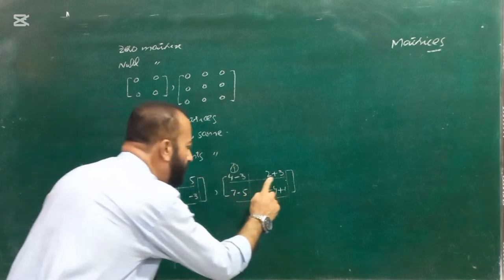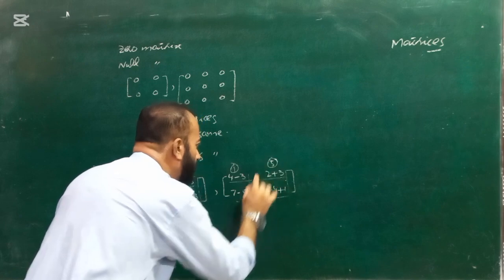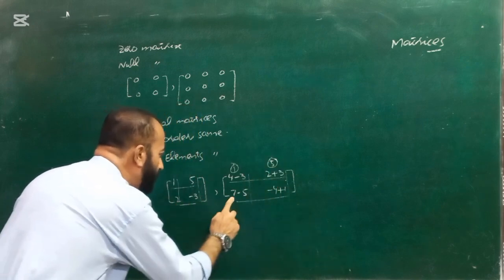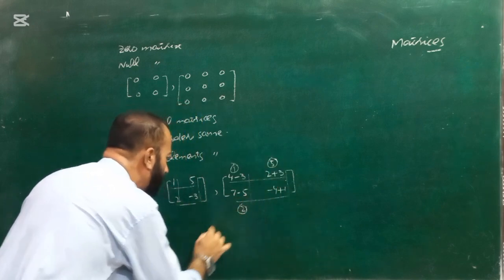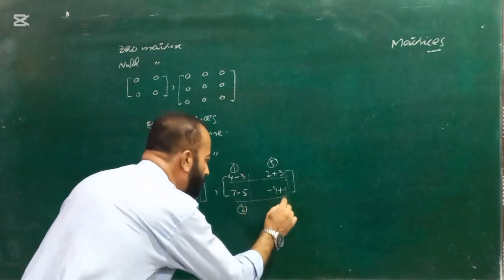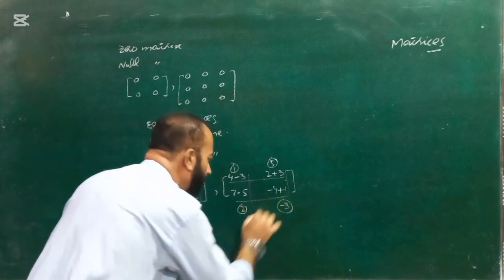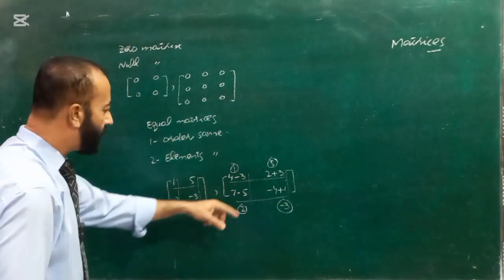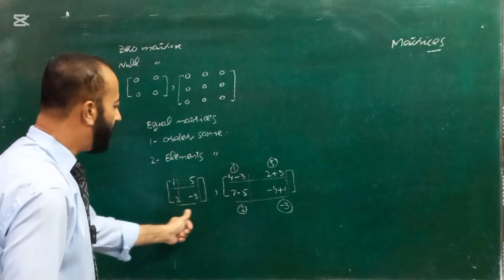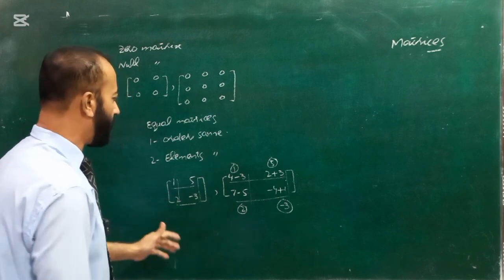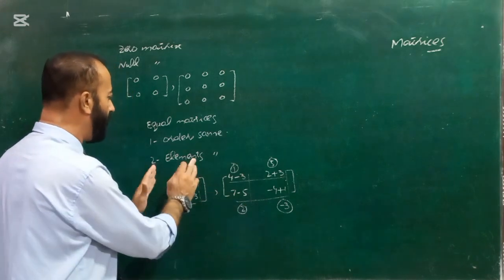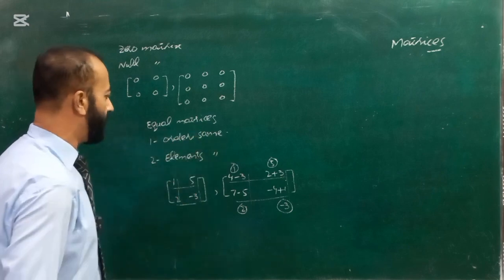Here is 5, so if you solve it, this is 5. Here is 2, if you solve it, this will be 2. And this is minus 3, so if you solve it, this is minus 3. So you can see the elements are the same and the order is the same, so that's why these are called equal matrices. This is the example of equal matrices.